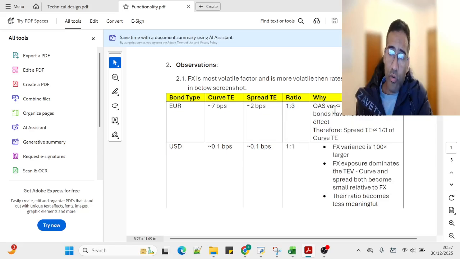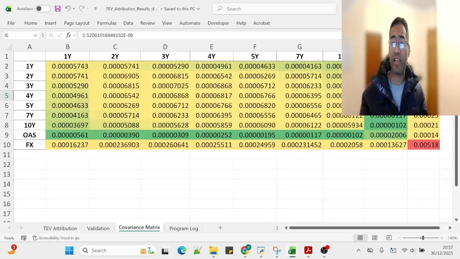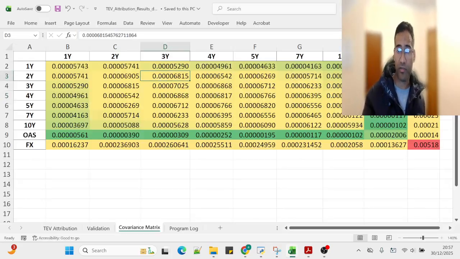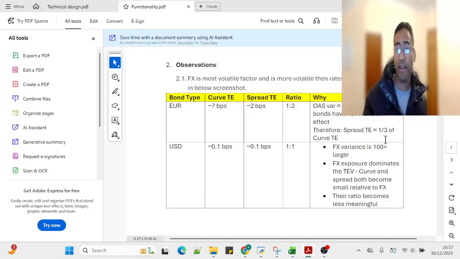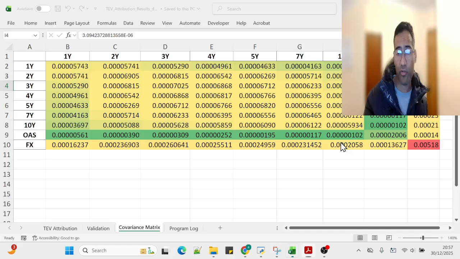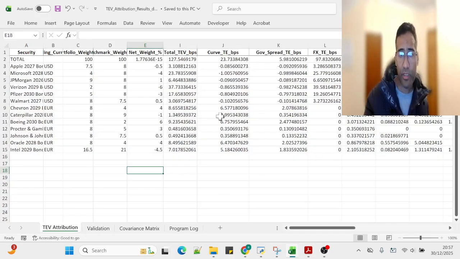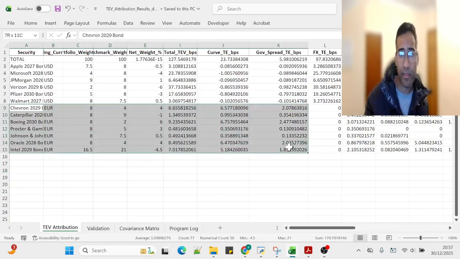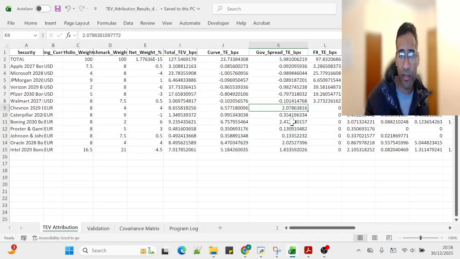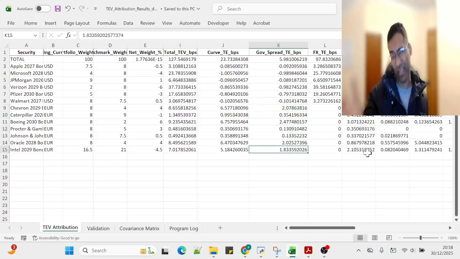Because OAS variance is like one third of the rates variance. You see here the OAS variance is much less than the rate variance. It is in green, this is the heat map. Therefore, the spread tracking error is almost one third, because the variance is one third.